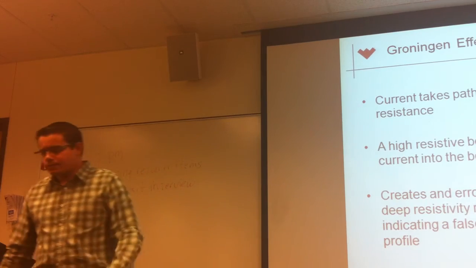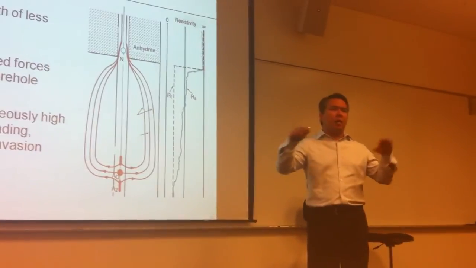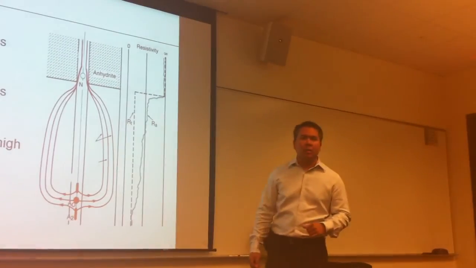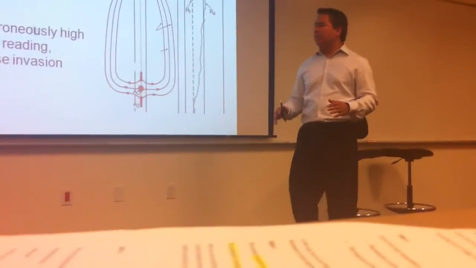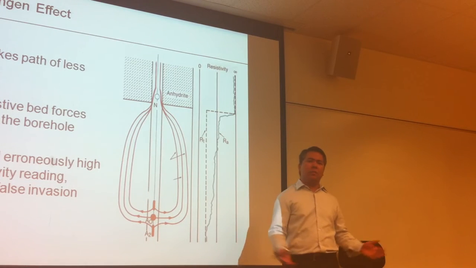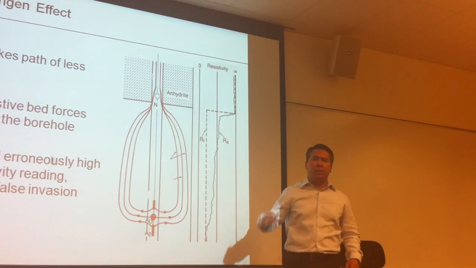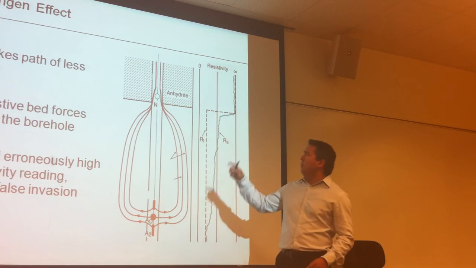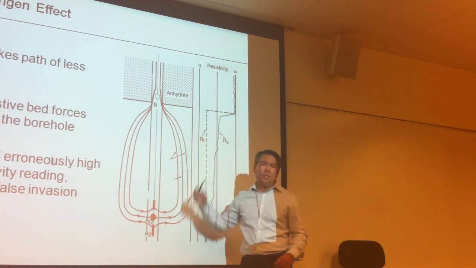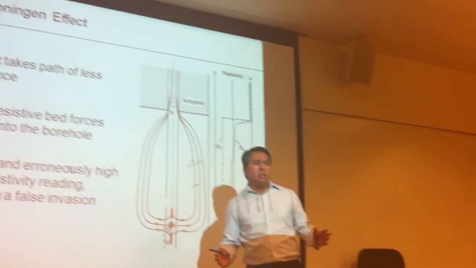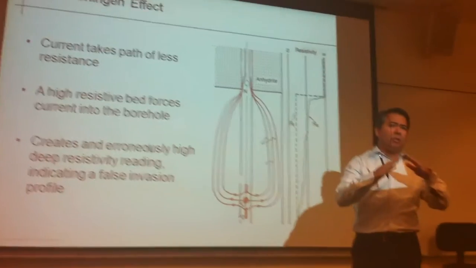Another effect is the Groningen effect. This happens when we have a high resistivity bed on top of the tool, right? We have said there is a current that is returning to a surface. Because of this high resistivity bed, the current is going to take the path of less resistance.